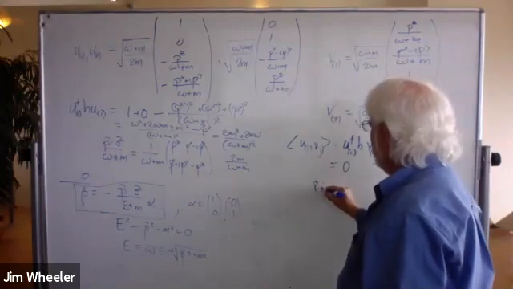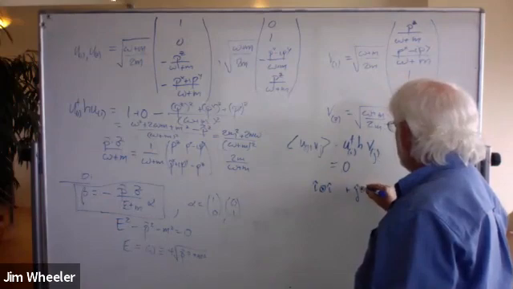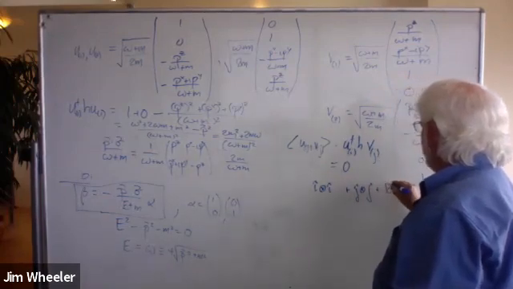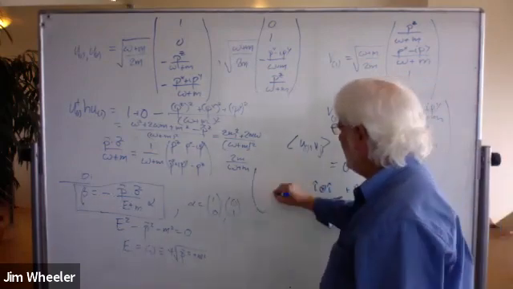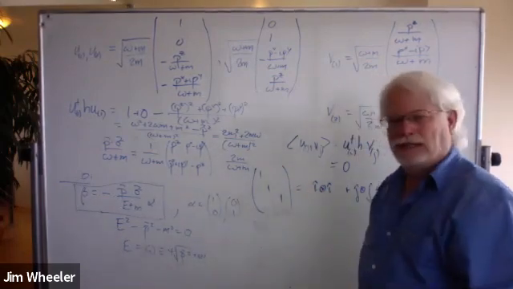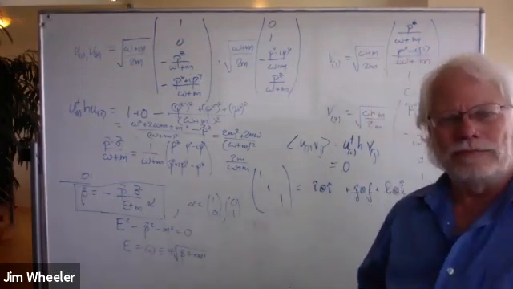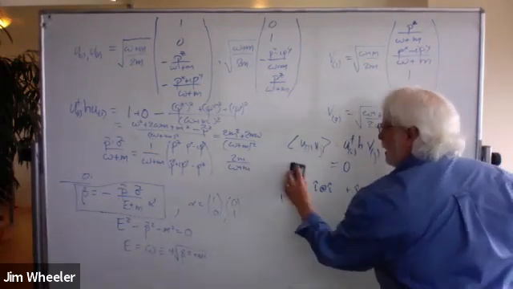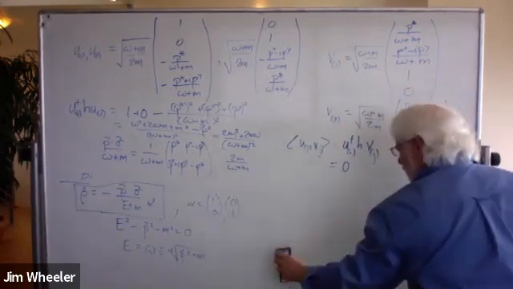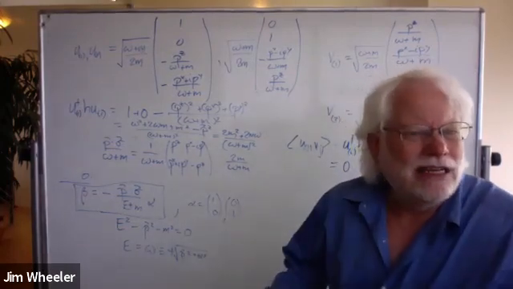If I were to take the outer product i hat with i hat plus j hat with j hat plus k hat with k hat, you guys know what matrix that is, right? That's the identity matrix. If I've got a complete orthonormal set of vectors, I can build the identity out of them, and so we're going to do that. But what we end up building is the metric.